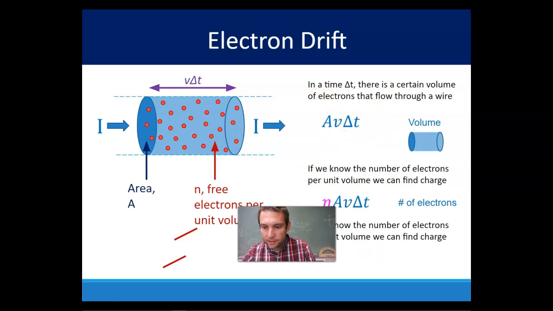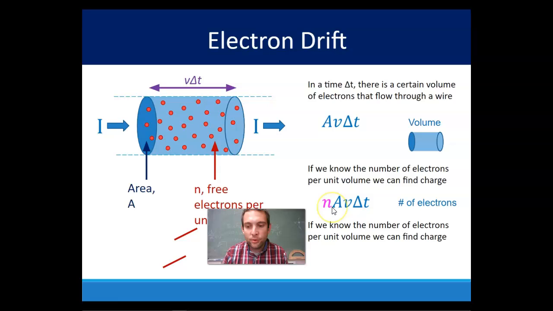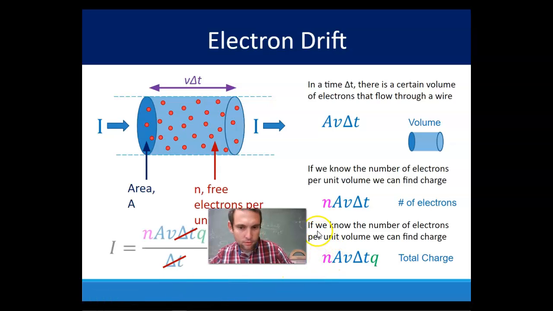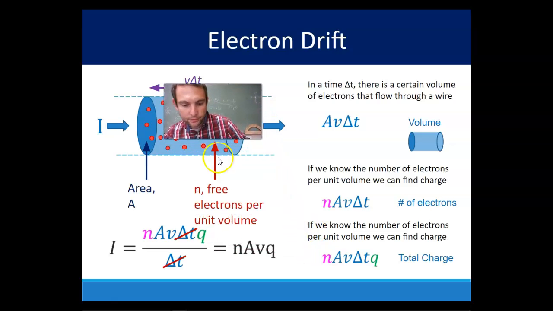If we know the number of electrons per unit volume, then we can find the charge. N is the number of electrons, and if we know the number of electrons, we can add that in there to get N A v t q, right?